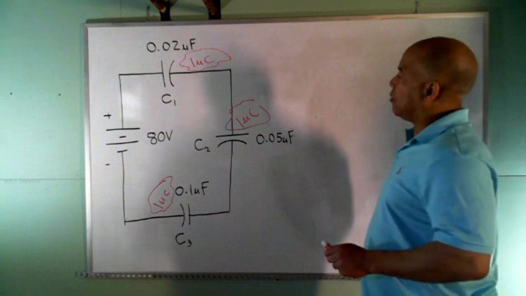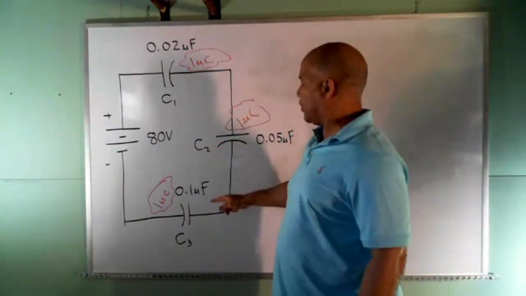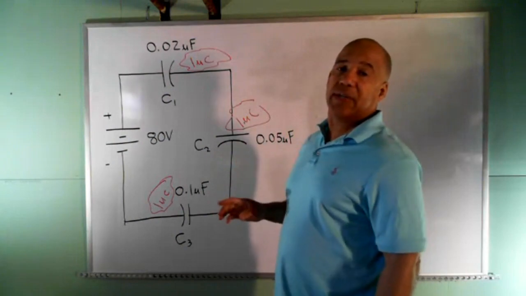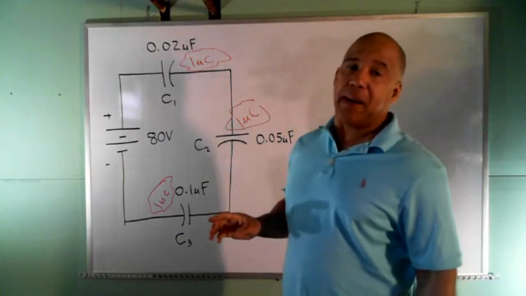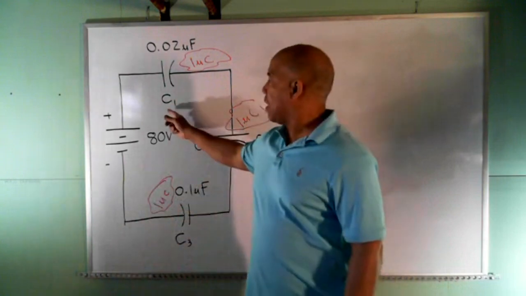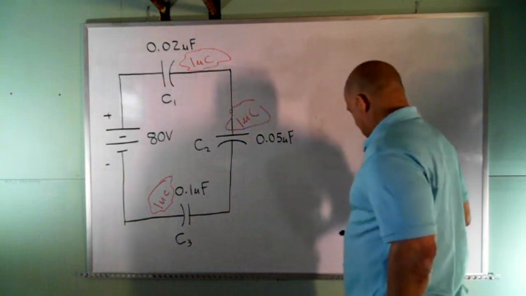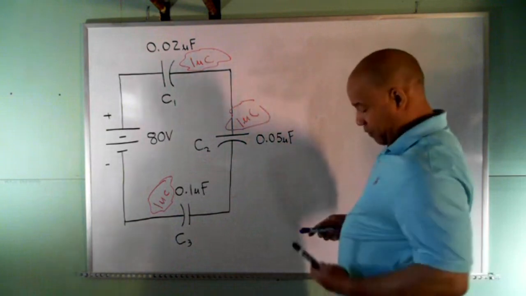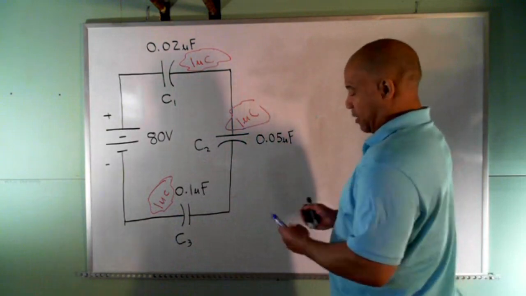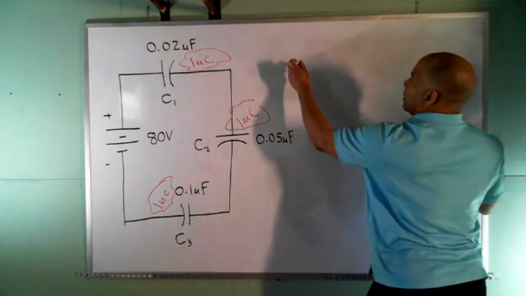So now what we got to do is find the voltage across C1, C2, and C3. And just like with resistors, we name a voltage drop across a resistor after the resistor. I'm going to name the voltage across the capacitor after the capacitor. I'm going to call this V1.